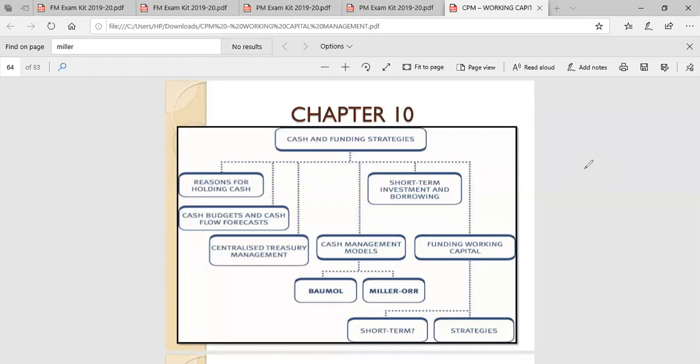That payment failure is arising because funds are not available, and they may have to miss their credit due date. So no cash balance maintained is also adversely affecting the business.